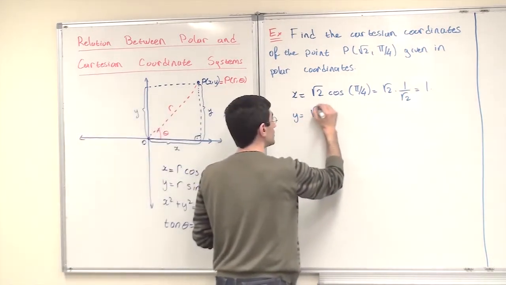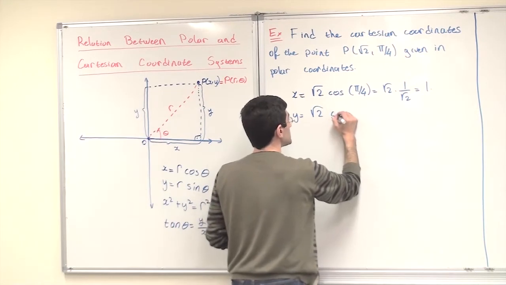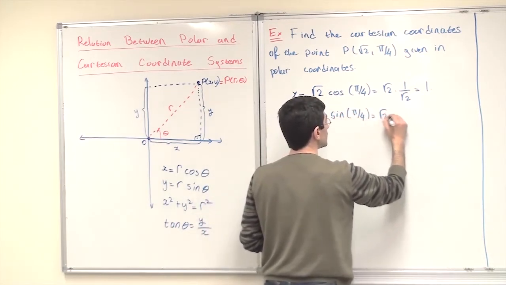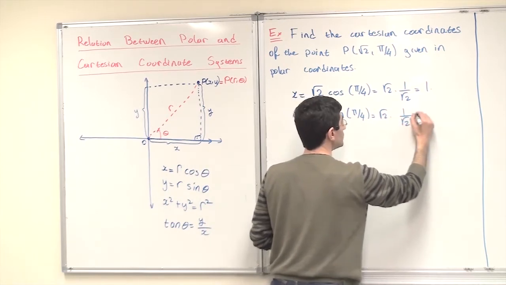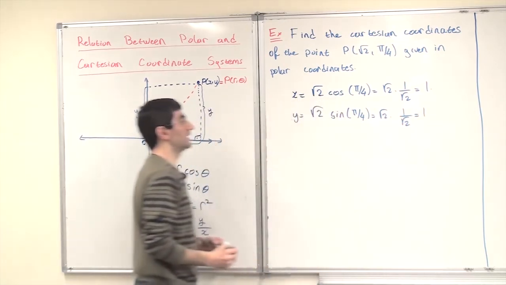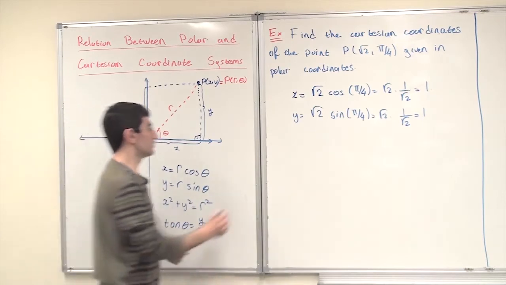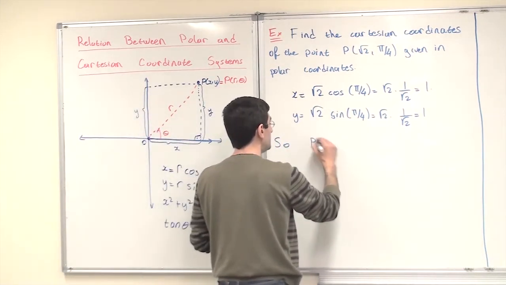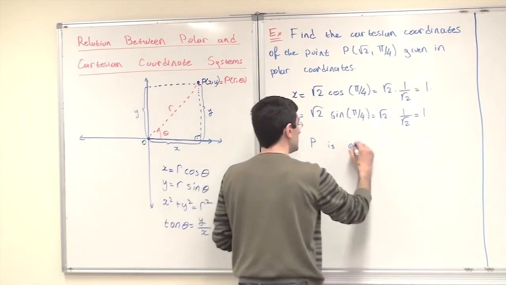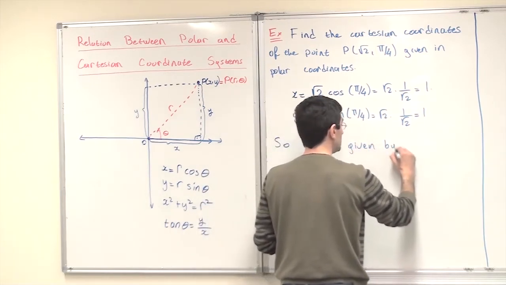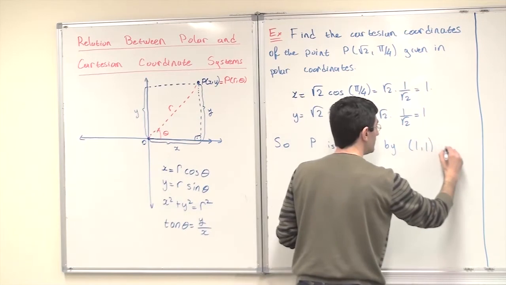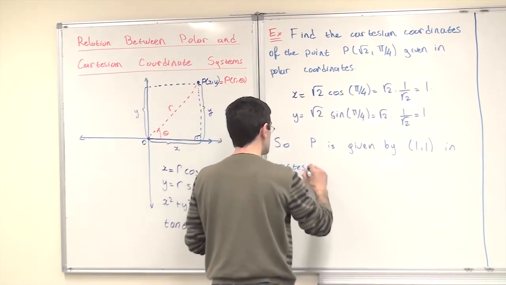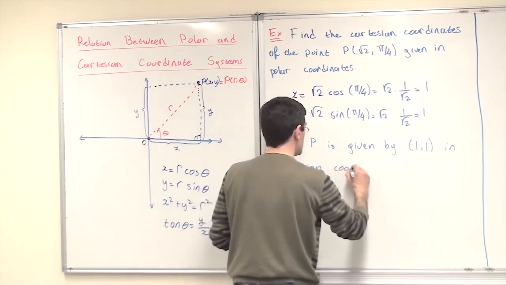So square root of 2 sine pi over 4, which is again square root of 2 times 1 over square root of 2, which we find again 1. So P is given by 1, 1 in Cartesian coordinates.